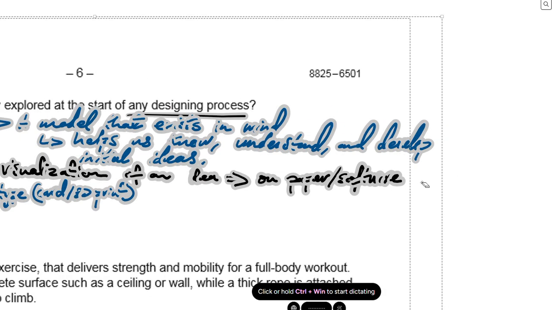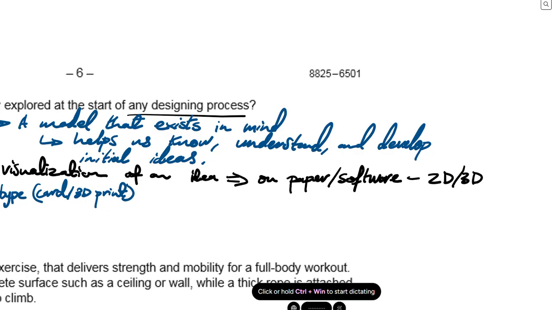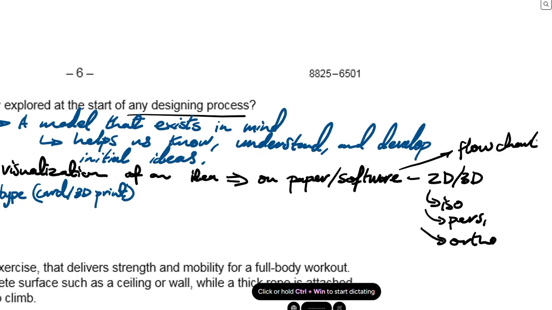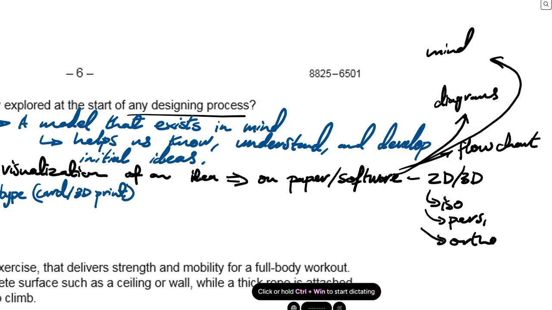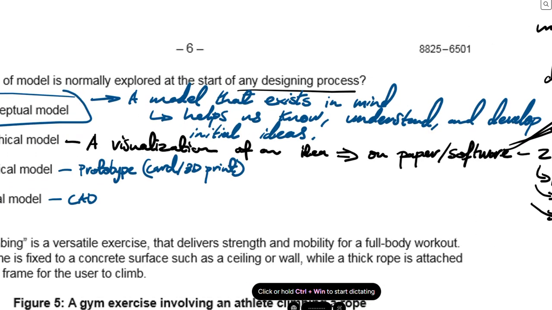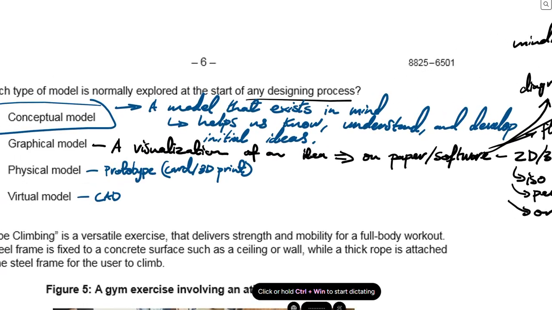And that can be 2D, 3D. We can have ISO, perspective, ortho, right? And when we say software, we can even have flow charts, diagrams, mind maps, which is sort of what we're doing here, right? Mind maps. And so just how we get our ideas out and sort of develop them initially.